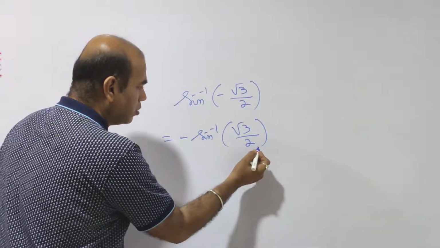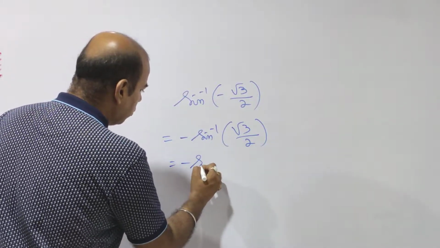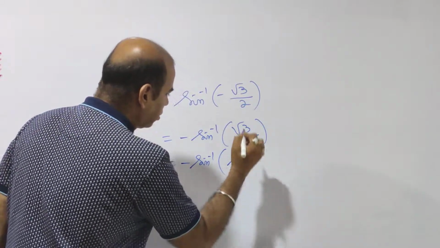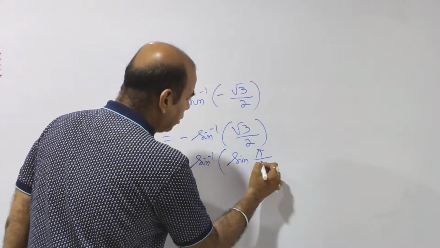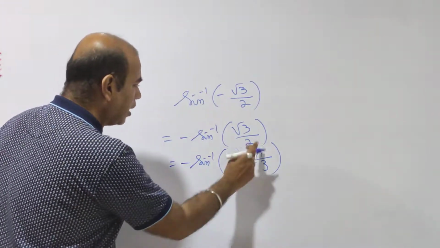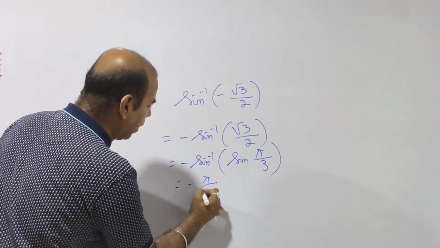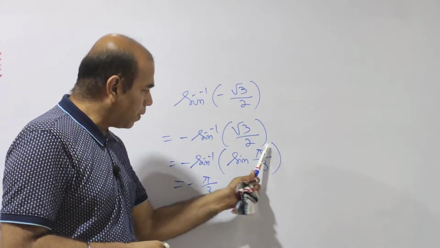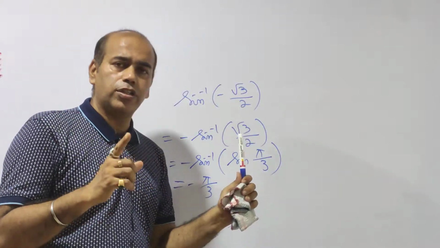My next work: this is root over 3 by 2, so minus sine inverse root 3 by 2, where root 3 by 2 is sine 60, that is pi by 3. Now sine inverse sine pi by 3, that is minus pi by 3. The thing to check is whether this pi by 3 falls in the range of sine.